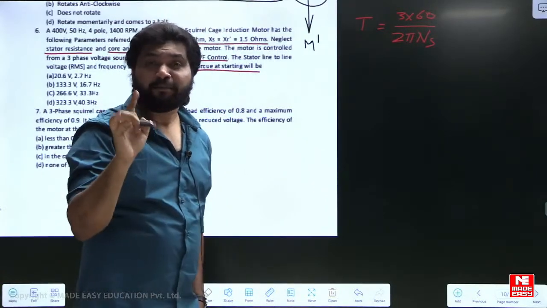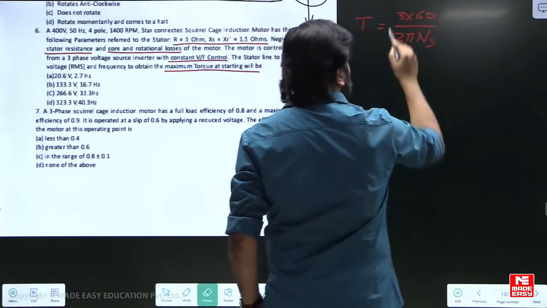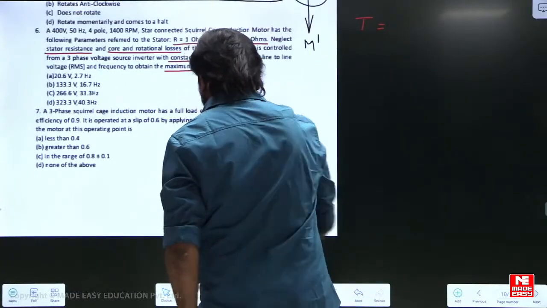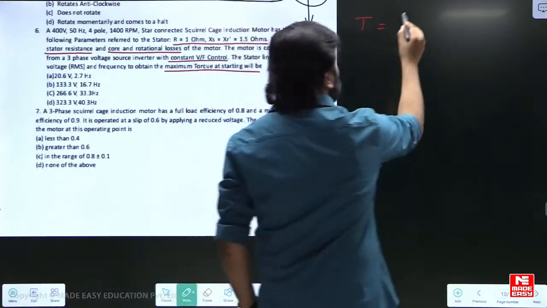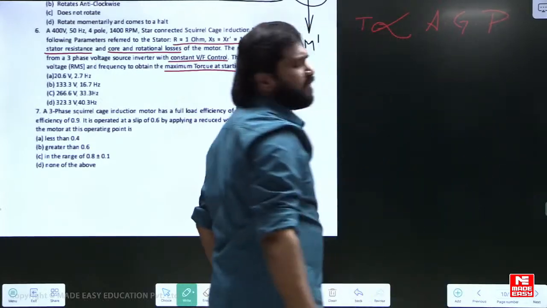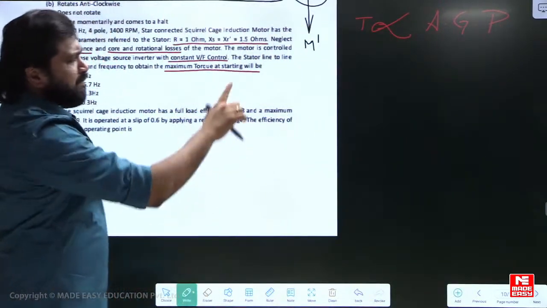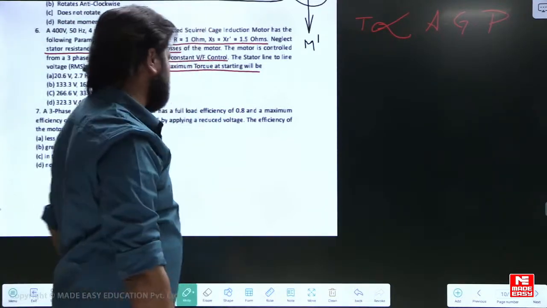It is the air gap power. So torque is proportional to the air gap power, with the 3 being for per phase air gap power. If air gap power is maximum, torque is maximum.